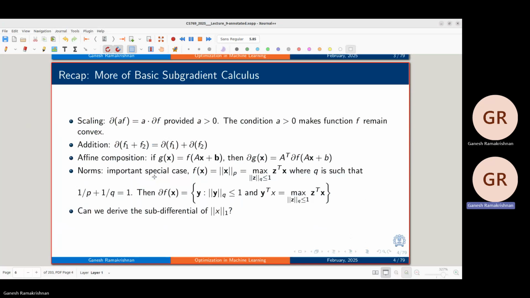So this is pretty much like saying that S transpose X is max over Z in minus 1 comma plus 1 raised to n of Z transpose X. The same expression, right?